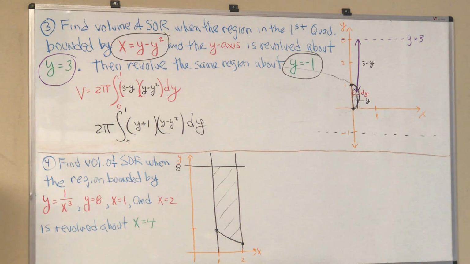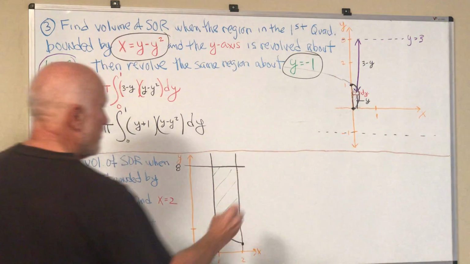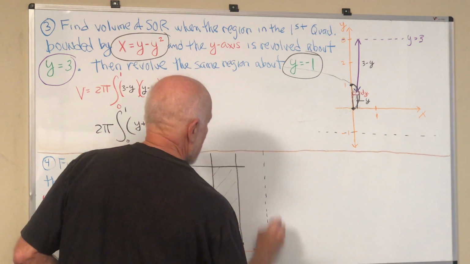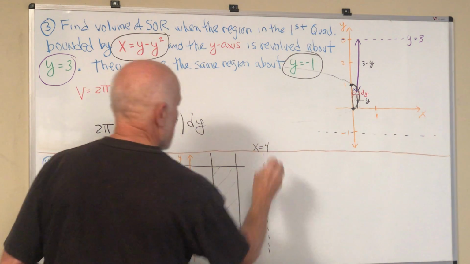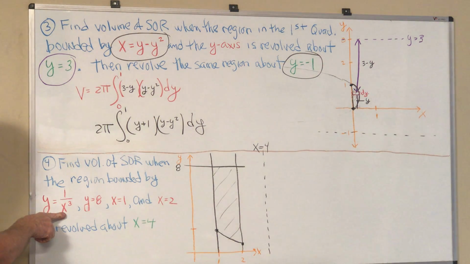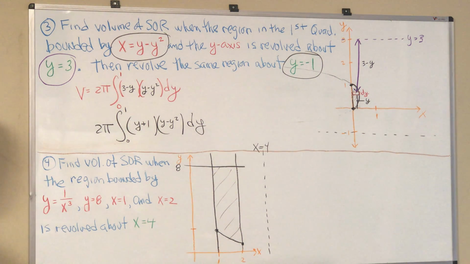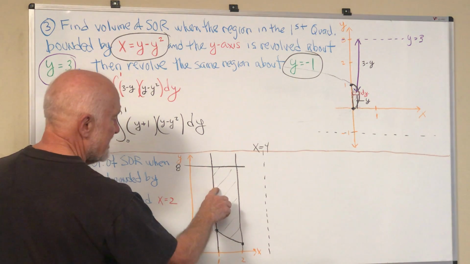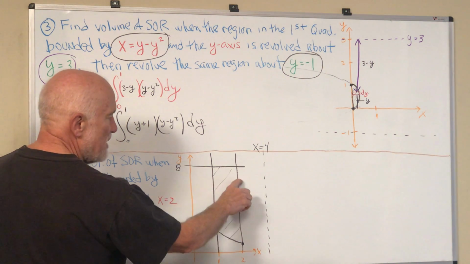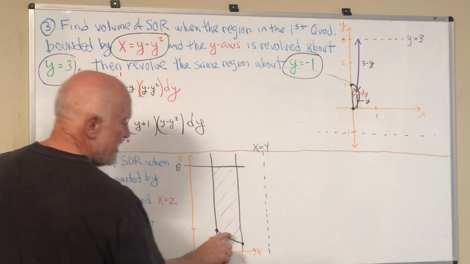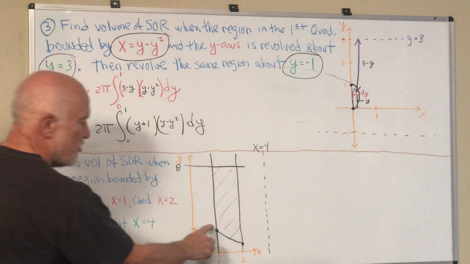And where are we going to revolve it about? x equals 4. Now, we can solve this for x. But I'm thinking, if we solve it for x, we have to have the rectangles on the side. And the top rectangle would be between these two vertical lines, but when you get down here, it's going to be between this curve in here.